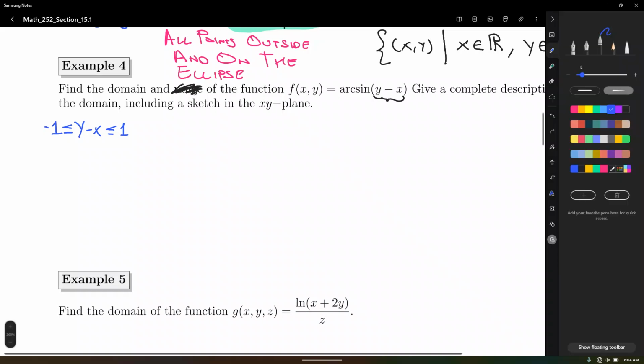We do that by adding x to all three sides of the inequality. That's going to leave us with x minus 1 less than or equal to y less than or equal to x plus 1. What does that mean in terms of the way we're going to solve the inequality?